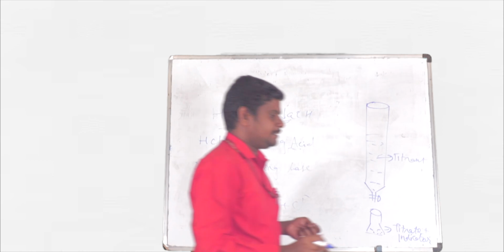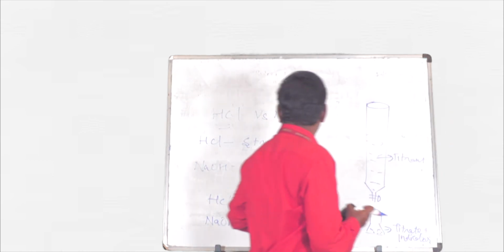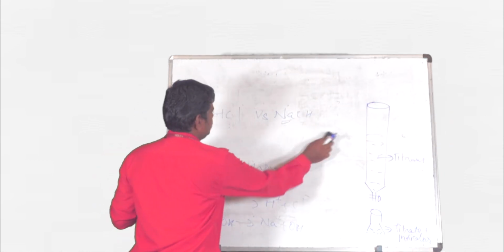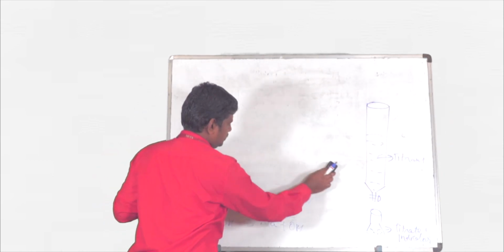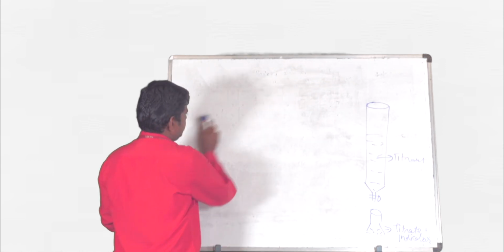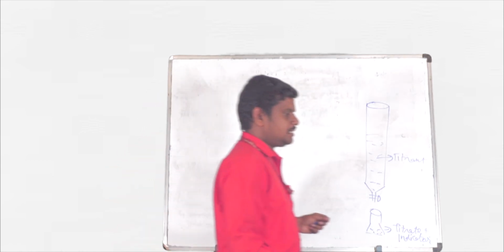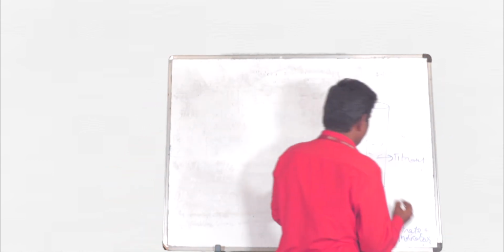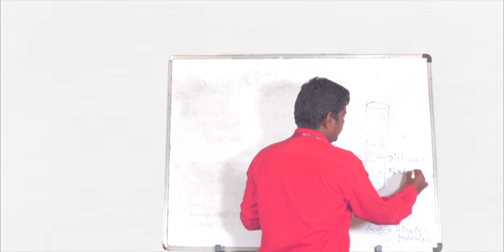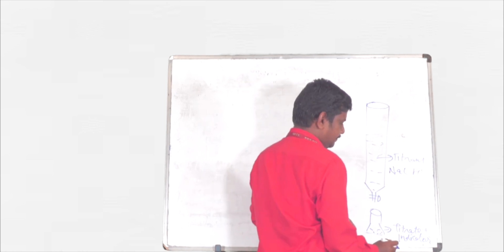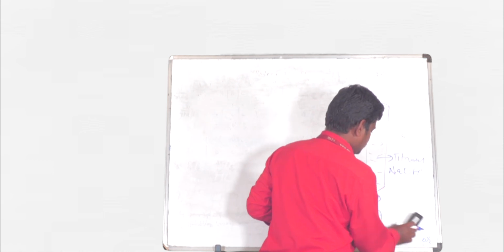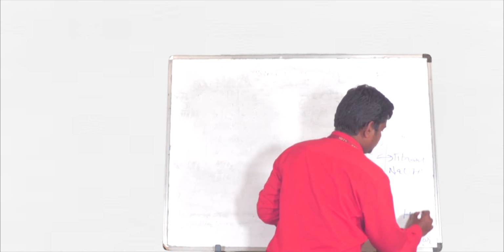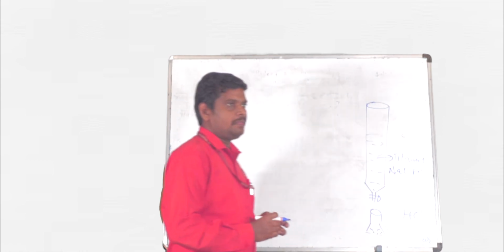In this case, usually the sodium hydroxide will be taken in the burette. HCl will be taken in the beaker.